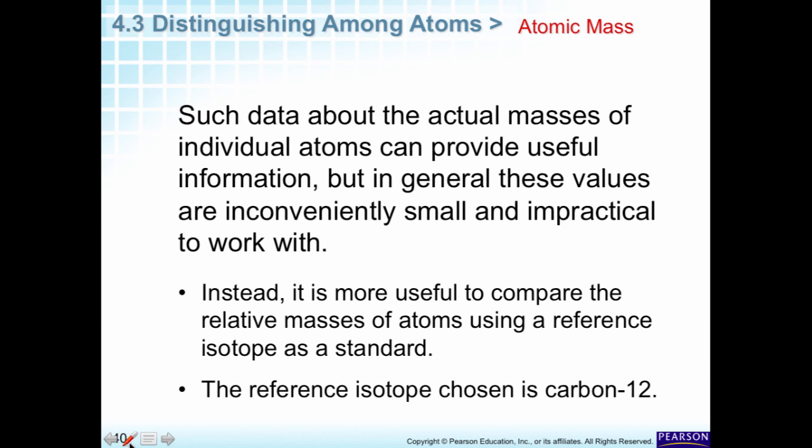So we decided to give them values that were easier to use. So we use a reference isotope of carbon-12. So we use an isotope as a standard. This is a very common concept in chemistry, the use of standards. We use something that we say, this is the value, and everything is relative to that.